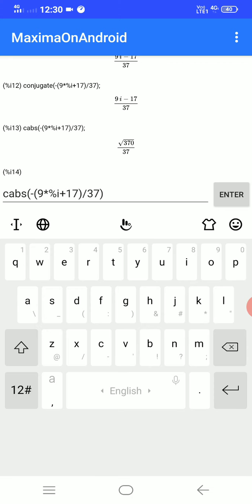We get the modulus of minus (9i plus 17) upon 37 as root 370 upon 37.